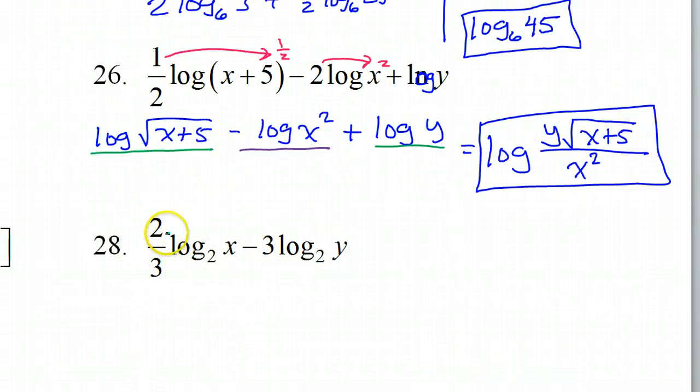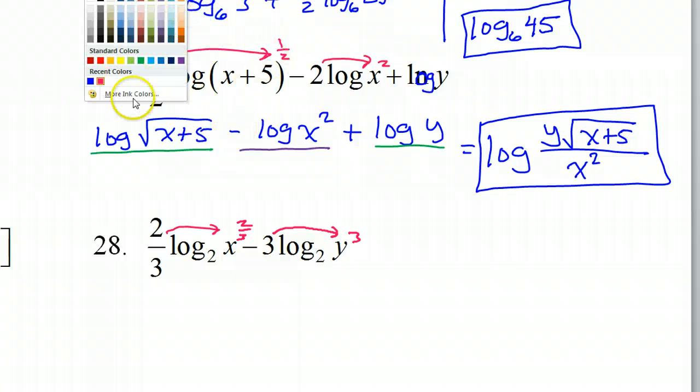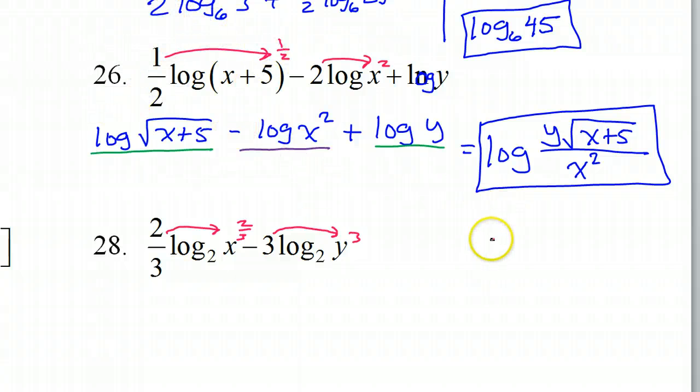Alright, well this 2/3 is going to jump over here and become the 2/3 power. And this 3 is going to jump over here and become the 3rd power. Now as far as this x to the 2/3 power, let me do this off to the side real quick. Remember, when you have a fractional power, this right here is the power, and this right here is the root.